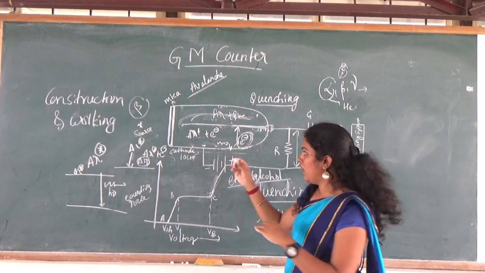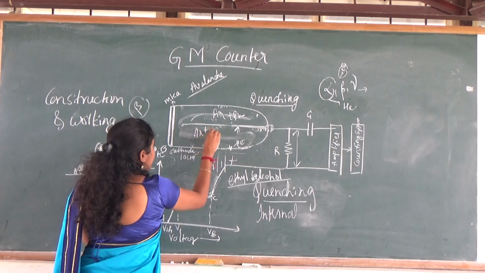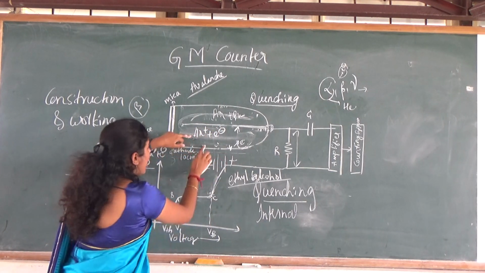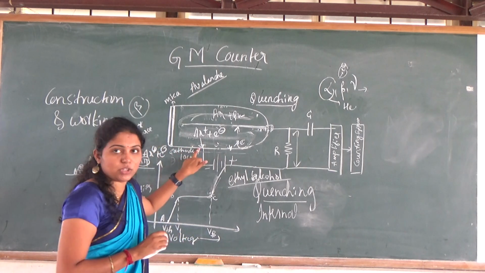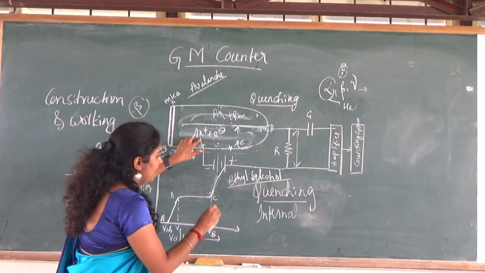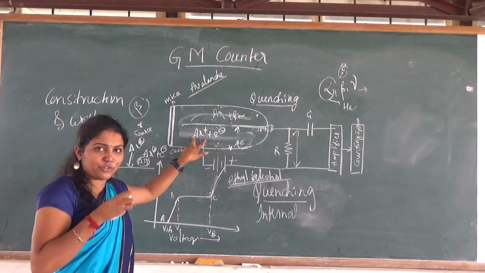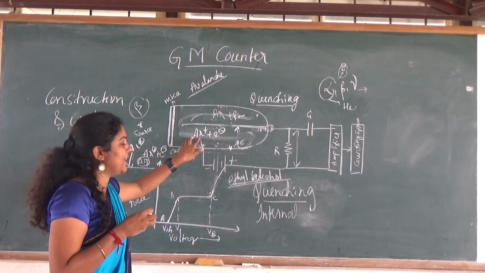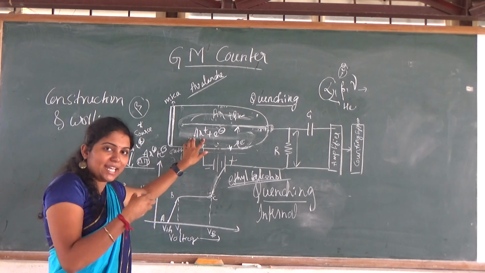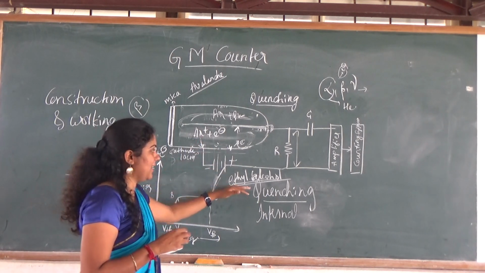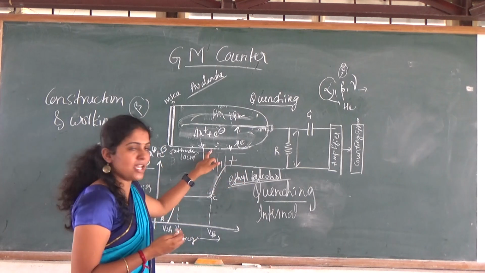As the radiation enters the tube, there is a formation of argon ion plus an electron. The argon ion will move towards the cathode. Before it hits the cathode, this argon ion will hit an ethyl alcohol molecule. Then it will get an electron from the ethyl alcohol molecule and get neutralized. Because of the electron removal, the ethyl alcohol molecule will get an electron from the cathode.